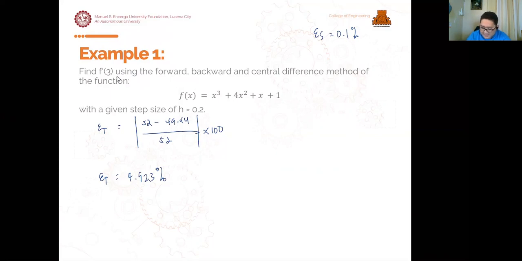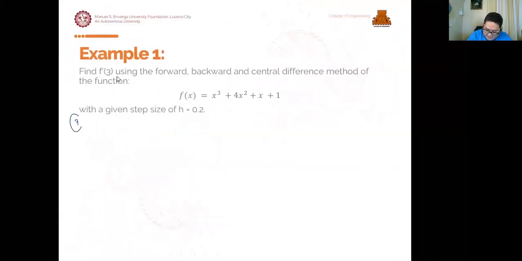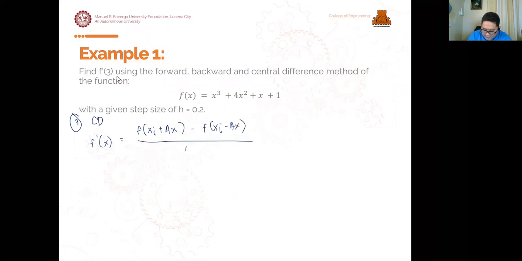Okay? Then last is pinapagamit sa atin is yung central difference method, no? Si central difference method, ang formula niya is f of x sub i plus delta x minus f of x sub i minus delta x all over 2 delta x. No? May 2 dun sa denominator natin.